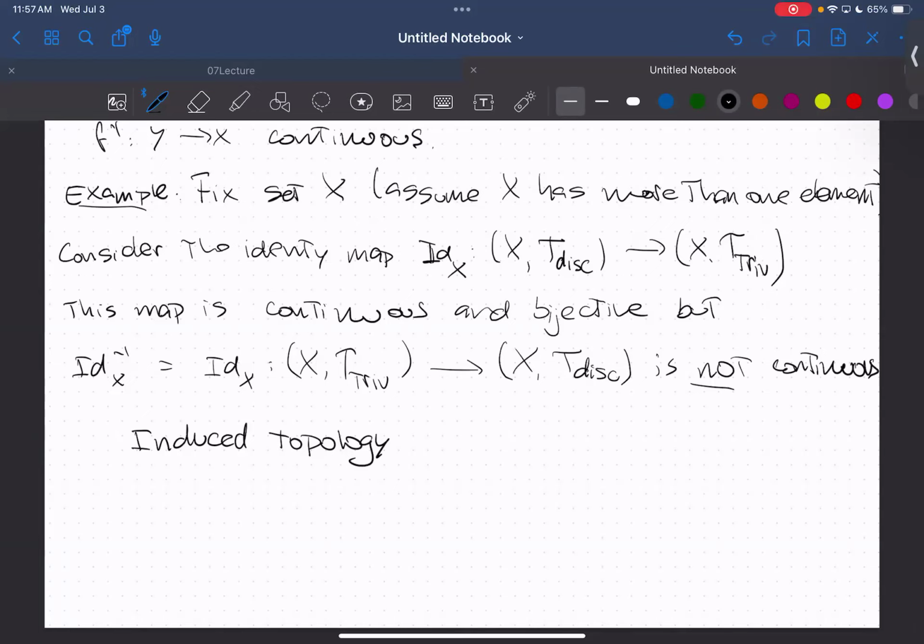Okay, induced topology. So, definition. This is not new, but I want to say this again.